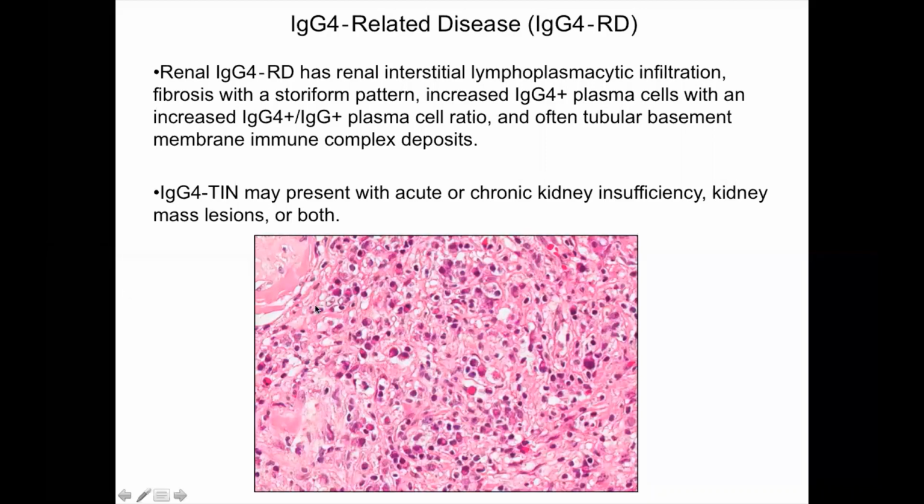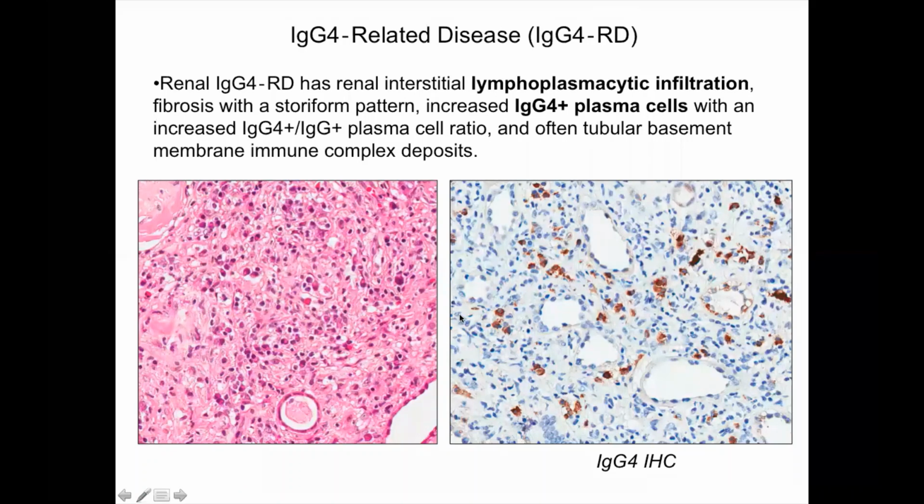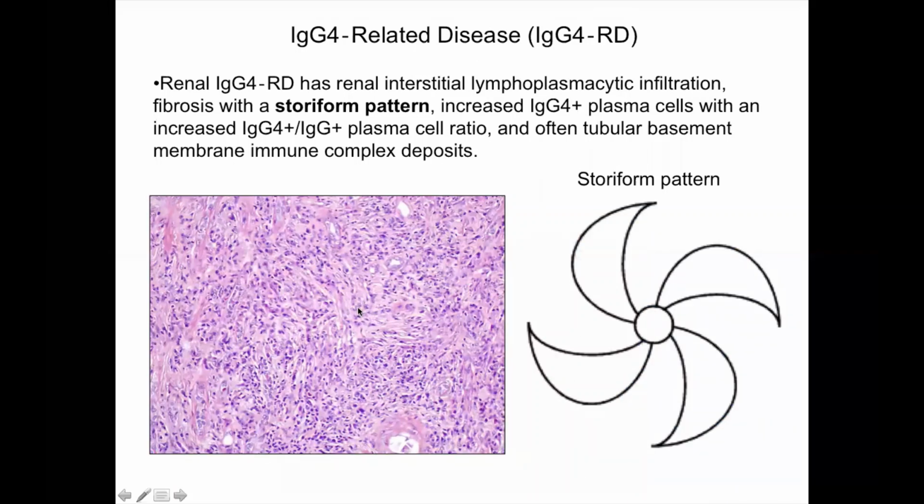Right, let me show you a picture now. So this is the IgG4 immunohistochemistry, and this is more than 10 cells in one high power field. And this is what I was talking about: we have a focal point and, as you said, it's just splaying from it.